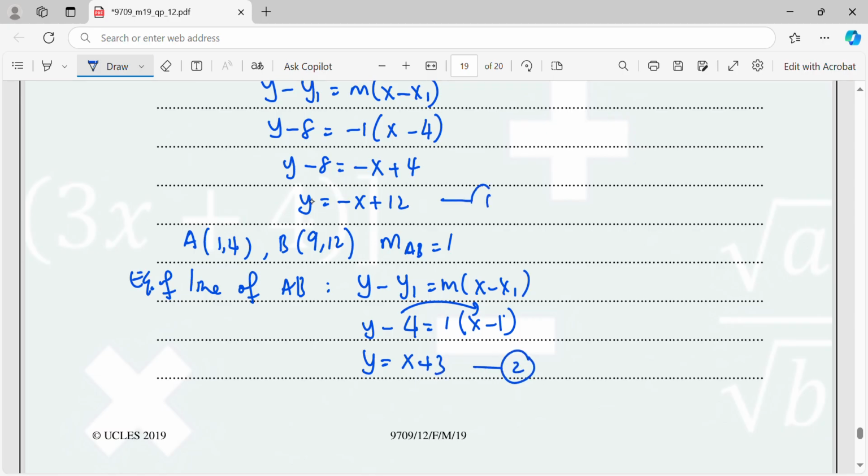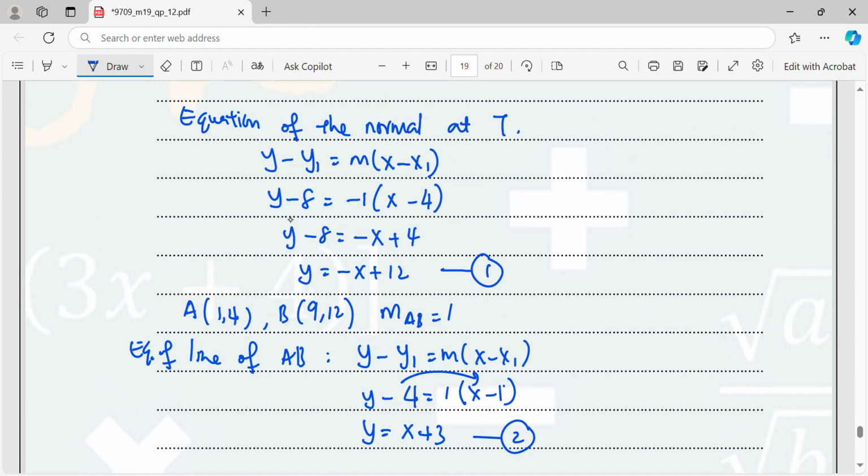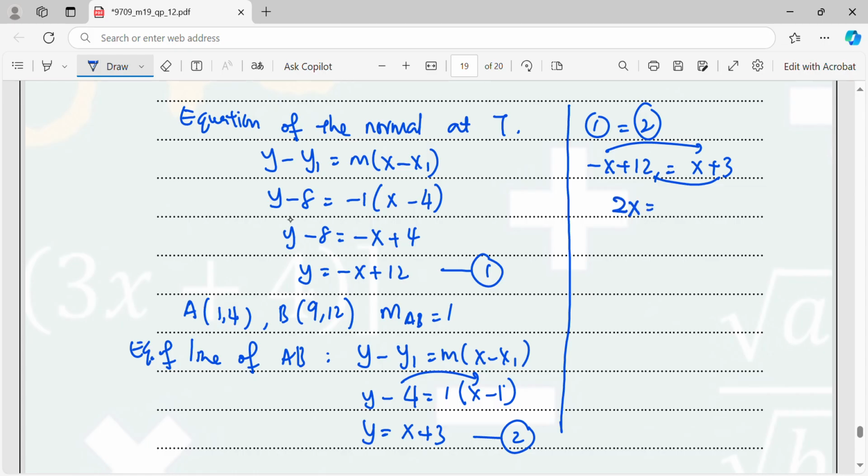I let the normal be the first equation. And now I need to solve the simultaneous equations. When I solve, I will just write first equals second. So minus x plus 12 equals x plus 3. The x moves to the right side to get positive, and the plus 3 moves to the left side. So when you move the minus x to the other side, it's x plus x, which is 2x. Then 12 minus 3 is 9. Therefore, my x coordinate is 9 over 2.